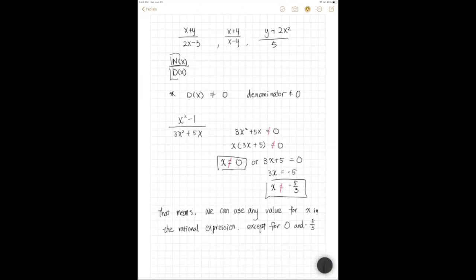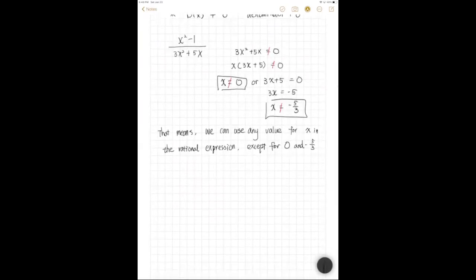Because once we use these two numbers, our denominator, which is 3x squared plus 5x, is going to equal 0. When the denominator equals 0, the fraction would be what? Undefined, right?